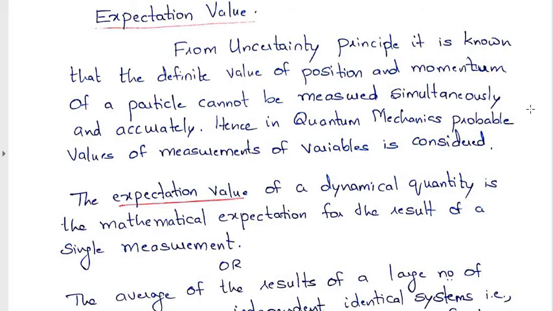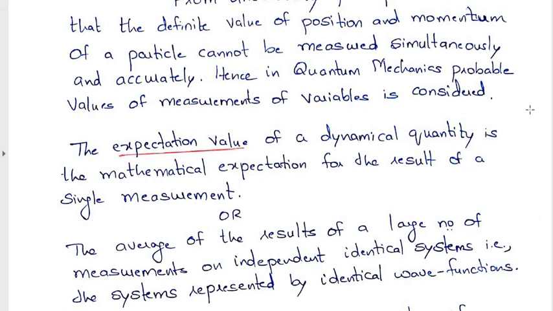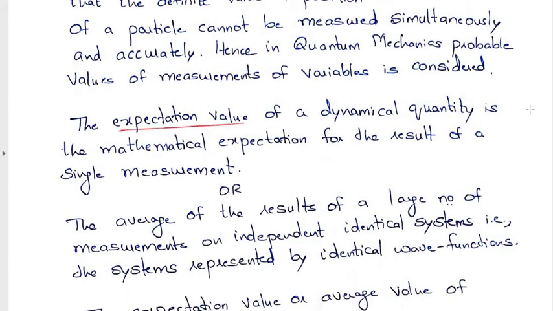So quantum mechanics deals with the probable value of measurements, as definite values cannot be measured. Therefore, this expectation value is the average of the results obtained when we have a large number of measurements on independent identical systems.